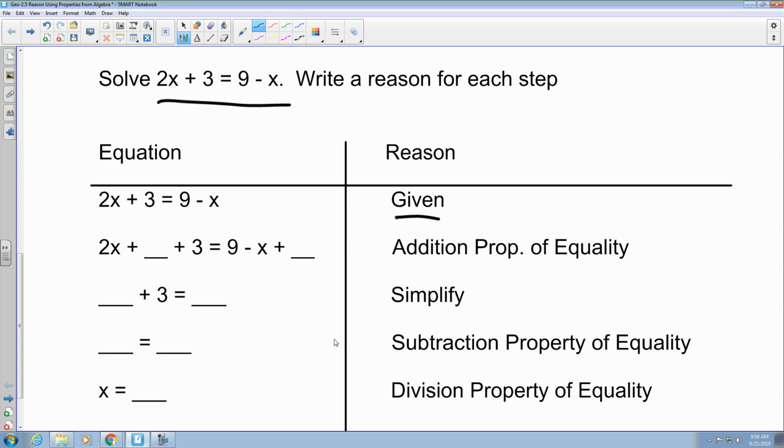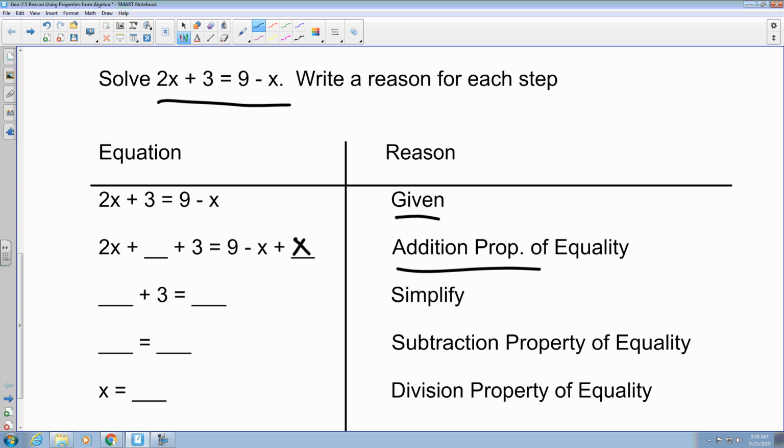The next step has 2x plus something plus 3 equals 9 minus x plus something, and they're telling us it's the addition property of equality. In most instances, you're trying to get variables on one side and numbers on the other. In order to get rid of the variable on the right, I can add x.